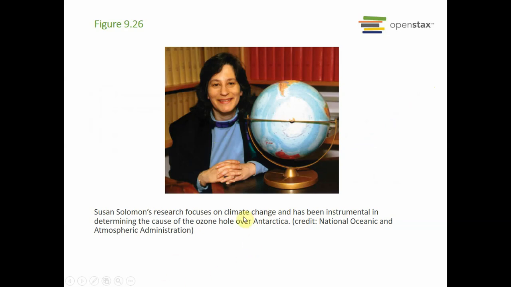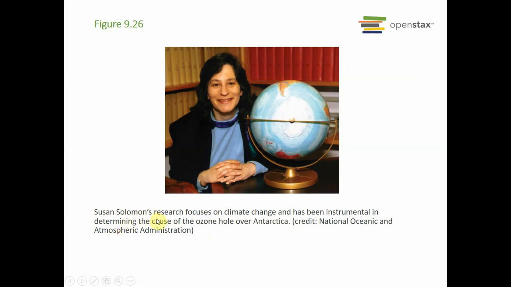Susan Solomon's research focused on climate change and has been instrumental in determining the cause of the ozone hole over Antarctica. Now, don't confuse that with global climate change. The ozone hole over Antarctica was because of the release of freons from refrigeration. Also, the person who first noticed this, his name was Sherwood Rowland.